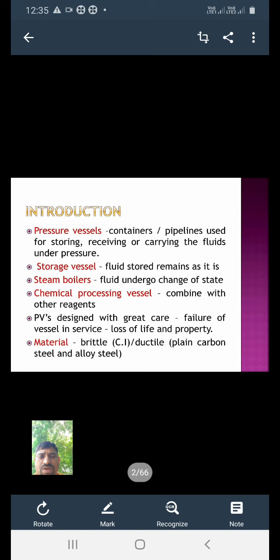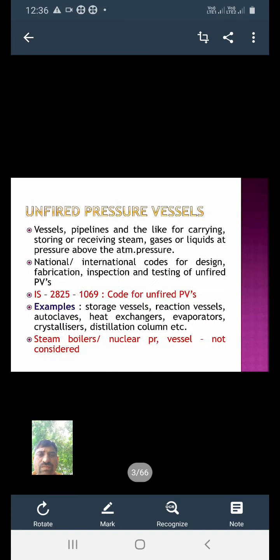We make the pressure vessel with different materials like brittle, for example cast iron, and second ductile, for example plain carbon steel and alloy steel. Then there are two types of pressure vessel, unfired pressure vessel and fired pressure vessel.